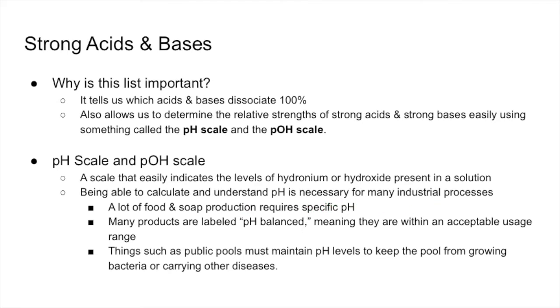A lot of food and soap production requires specific pH. Many products are labeled pH balanced, meaning they are within an acceptable usage range. Public pools must maintain pH levels to keep the pool from growing bacteria or carrying other diseases. So it's a scale that indicates how much hydronium or hydroxide is in your solution.